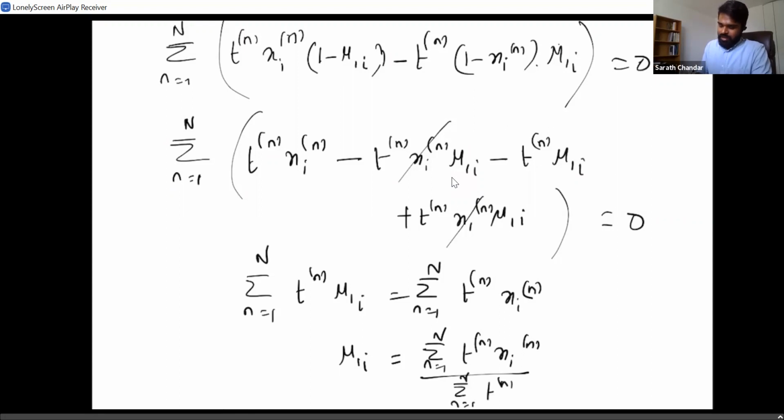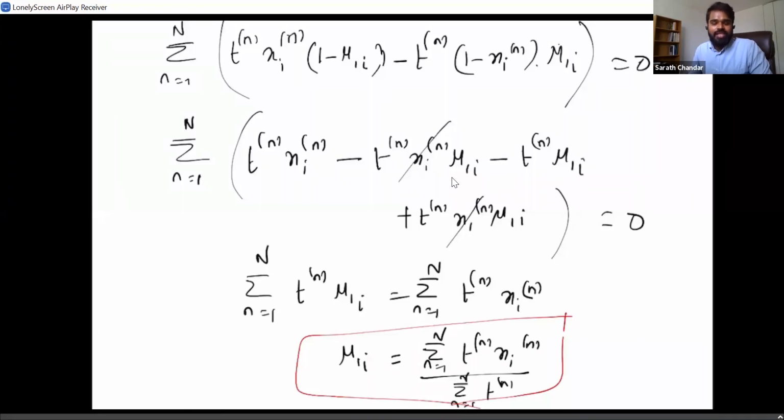Okay, now if you did not follow the derivation, it's fine, you could go back and redo it. But let's just try to understand what this mu_1 means. So remember, mu_1i is the probability that a feature is 1, given it is from class 1, right? So what are we doing here?